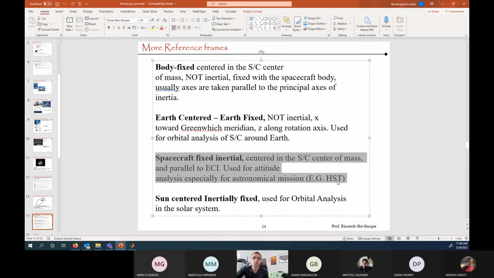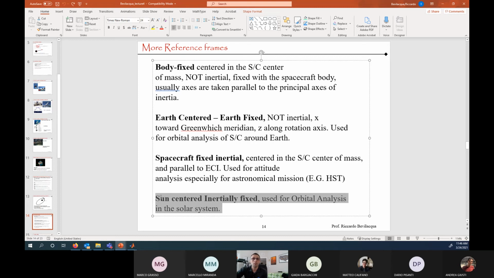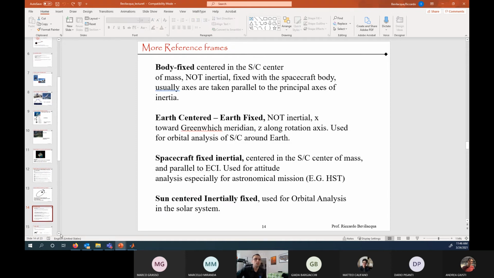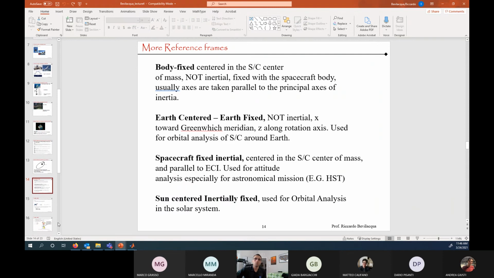So imagine you center yourself at the center of mass of the spacecraft, but the axes of this reference are just pointing to the vernal equinox, North Star, and the cross product of the two. So they're pointing at infinity at all times. And then if you're going on interplanetary travel, then you move everything to the sun. So instead of the ECI, you have the equivalent of ECI just centered at the sun. Not something that we'll probably use.